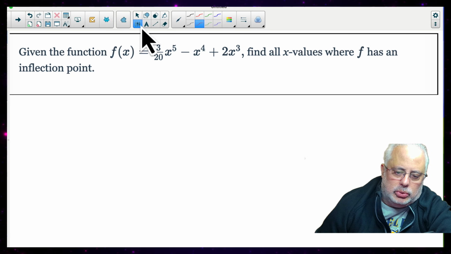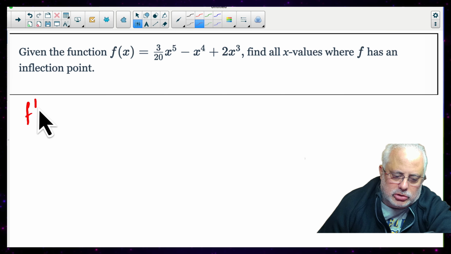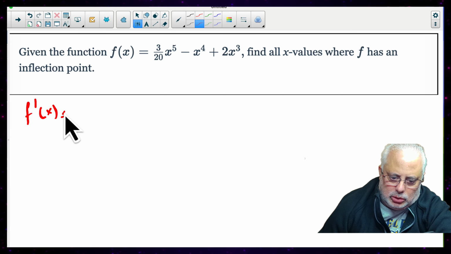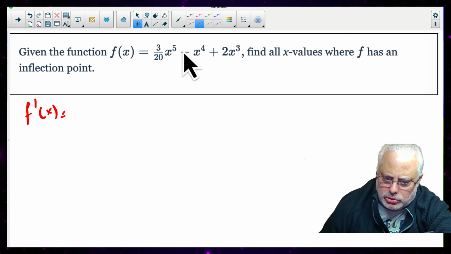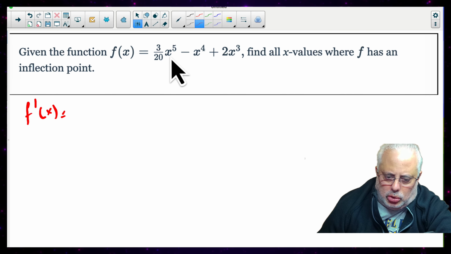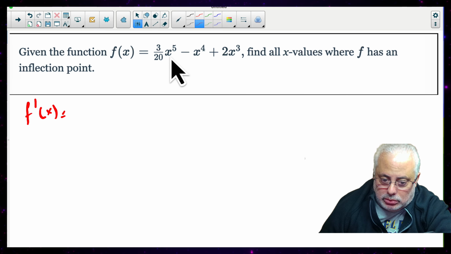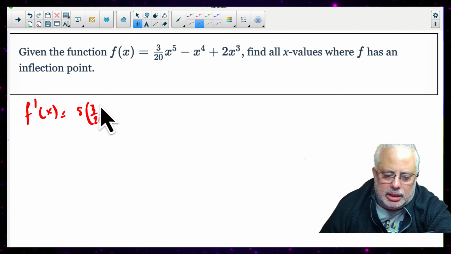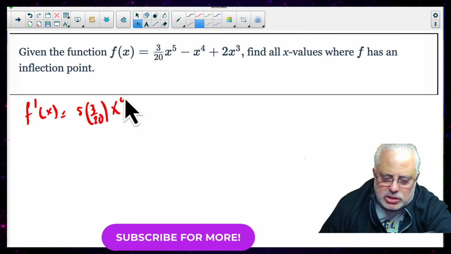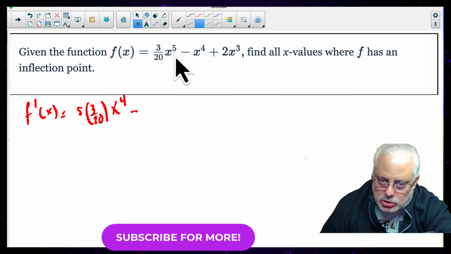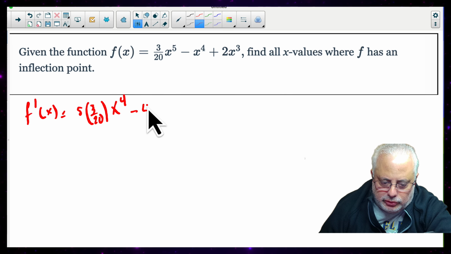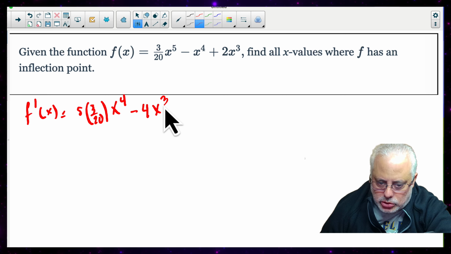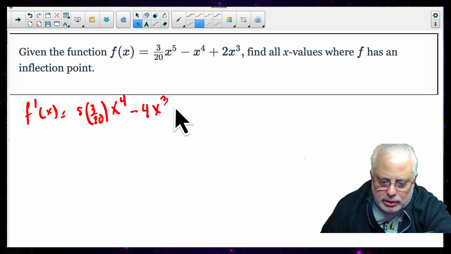So we are going to find the first derivative of the function f, which is no more than a polynomial function. Very easy because we use the power rule. 5 times 3 over 20. This is the first step. x to the 4th. Remember that we subtract 1 from the exponent. We do the same here: 4x to the third. We subtract 1 and we move the 4 in front.